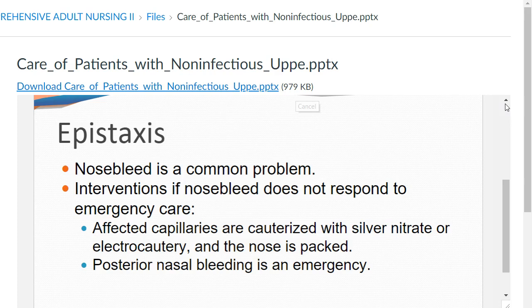Some of the risk factors of why people get nosebleeds: dry mucous membrane. Sometimes they have a lot of local infections. Maybe it's a sign of a more serious problem like hypertension, or maybe even a tumor. Maybe excessive use of aspirins and liver disease, or maybe some of the medications such as anticoagulants.